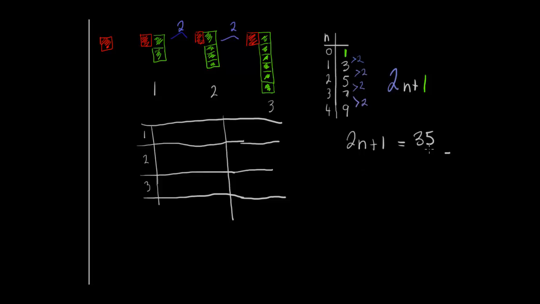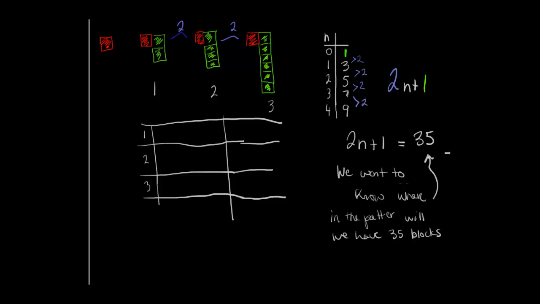Okay, so now supposing we want to know where in the pattern will we have 35 blocks. Okay, that's what this question is asking here. Okay, so we can sort of take a guess. 2 times the number, all right, 2 times the number to get close to 35.